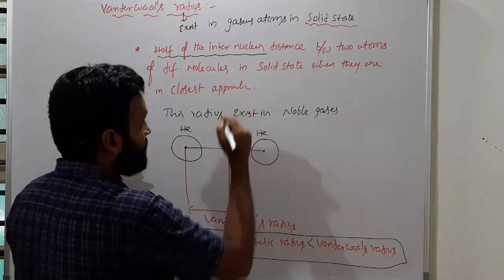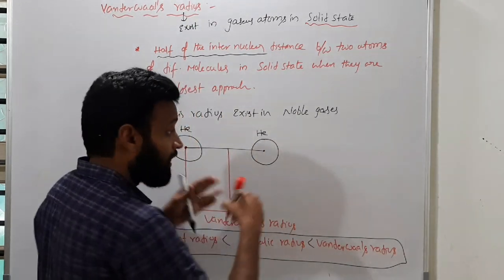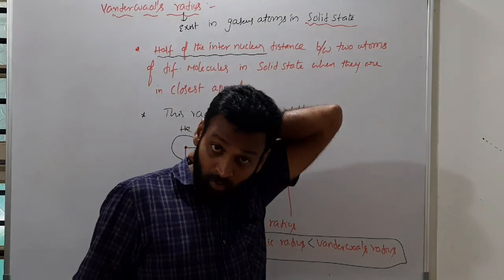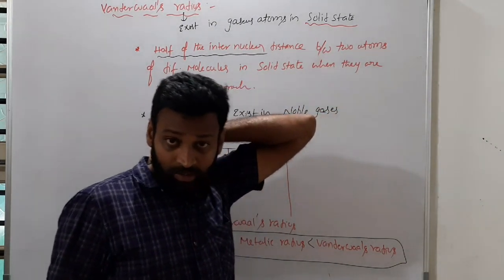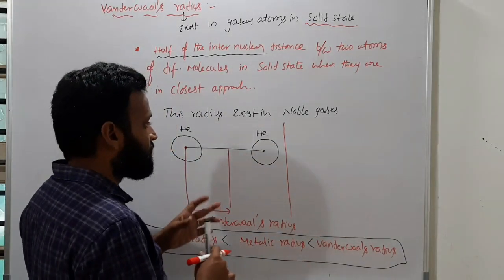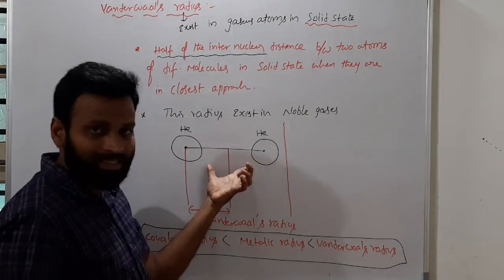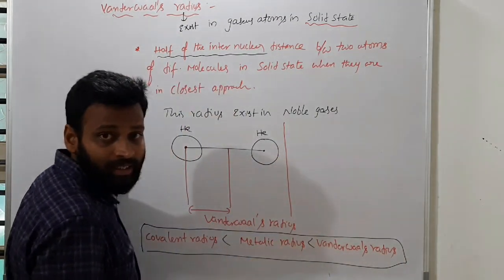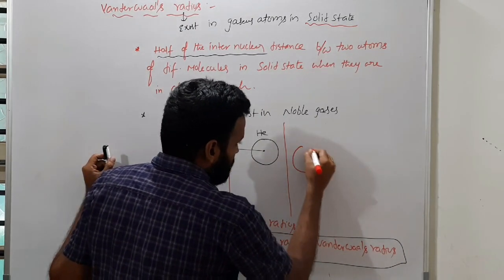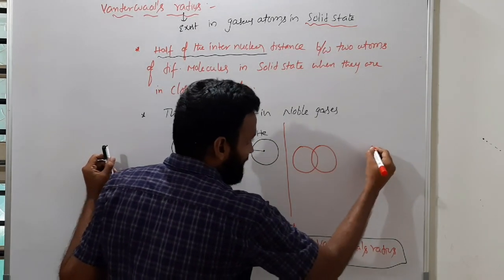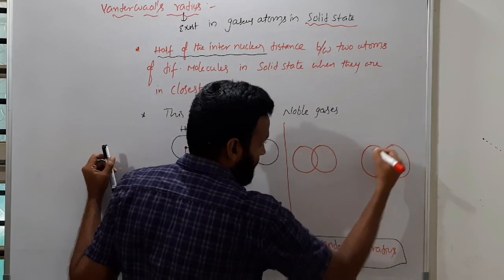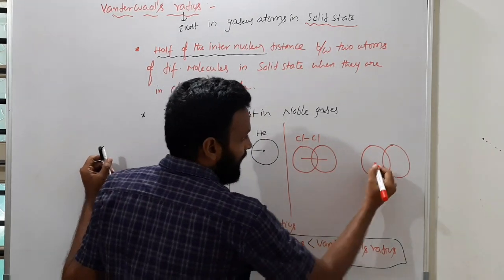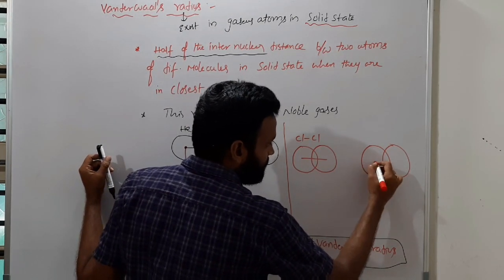This van der Waals radius you can also have between molecules. Between two molecules you can consider van der Waals radius. Between two atoms, like noble gases, you can consider van der Waals radius. But if Cl, two molecules, if I am considering one chlorine molecule and another chlorine molecule, this is Cl single bond Cl, and here this is Cl single bond Cl.